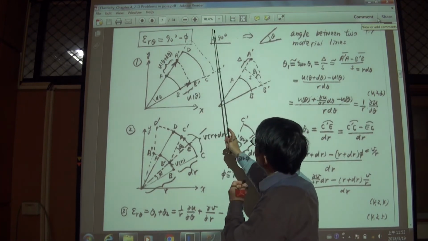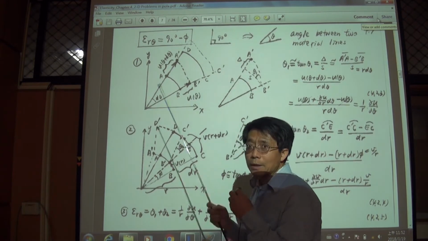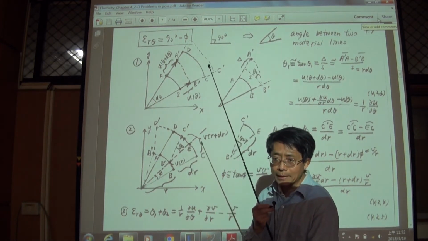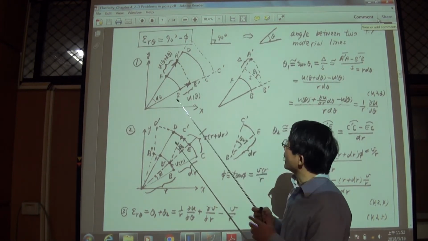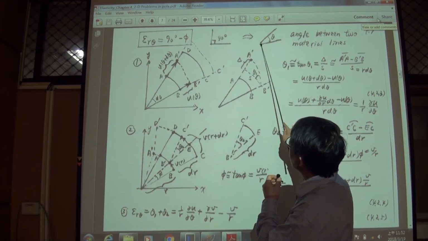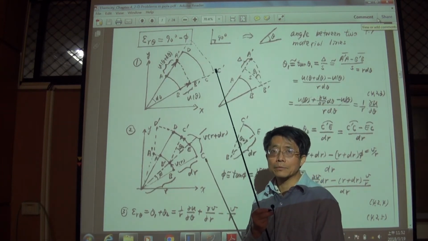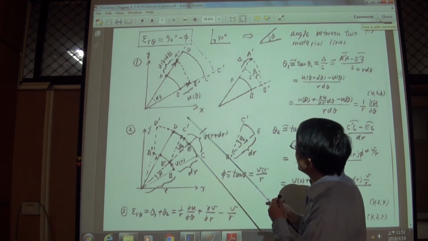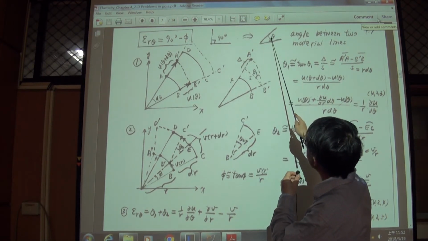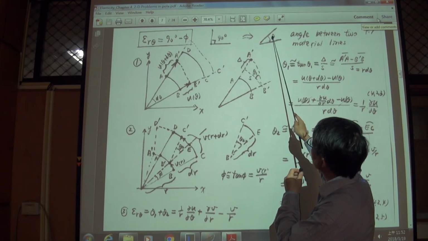Absolute r theta. Consider we have two material lines, which are perpendicular to each other, like this. After the shear strain, the angle between these two material lines becomes smaller. We should change this symbol from theta to phi.